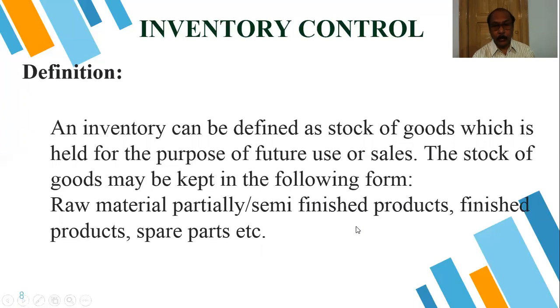When it is used to produce another product, then it is semi-finished. And when we can directly sell it, then it is finished goods. Spare parts, sometimes maybe semi-finished, sometimes finished. When the spare parts are used to make a machine, then it is semi-finished. For repair and maintenance, when the company is selling to the market or the customer, then it is finished.